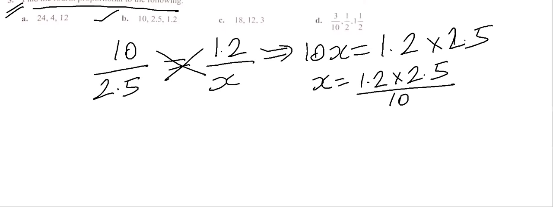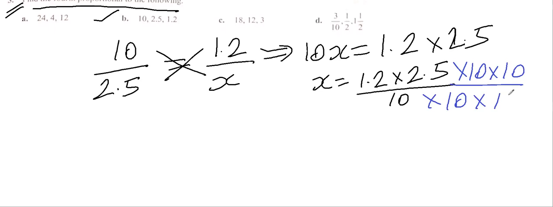How to remove this decimal point? For that, I will multiply by 10 here, and multiply by 10 here also. Then the decimal point will shift here, one decimal point will shift here, and again a decimal point will shift here.